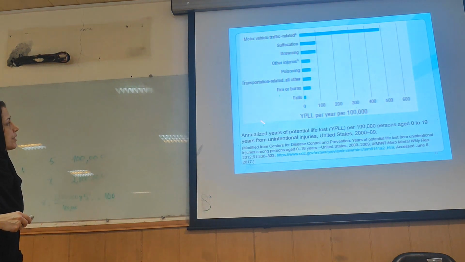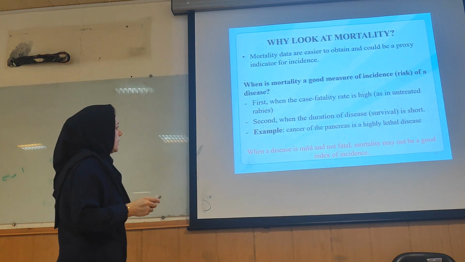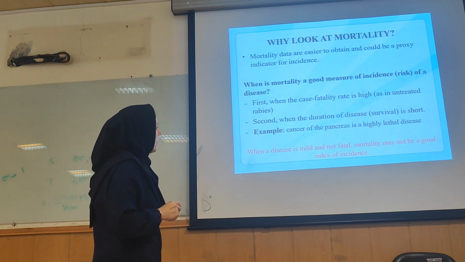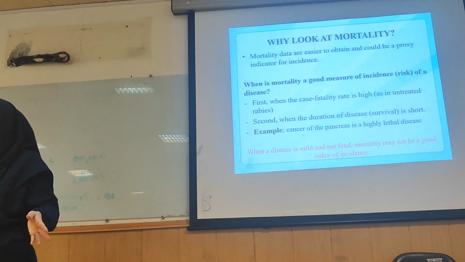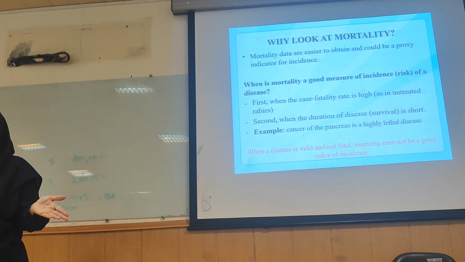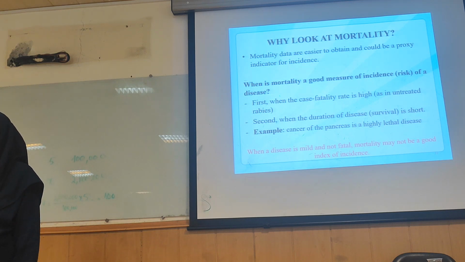Okay? Here you can see another example. Why look at mortality? I told you that mortality is so important because it is the ultimate outcome of living. Okay? And we want to postpone these events.